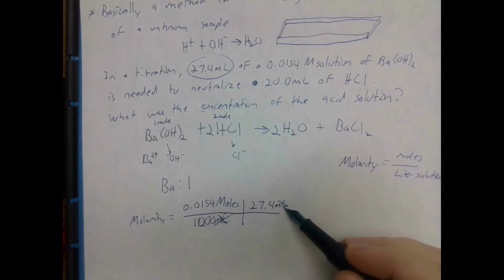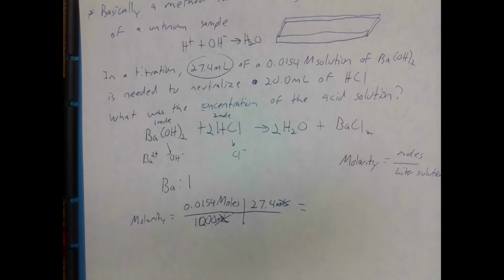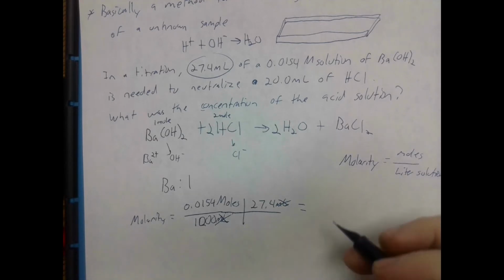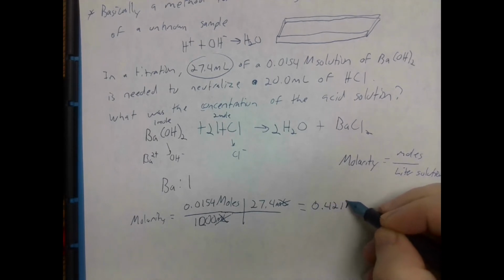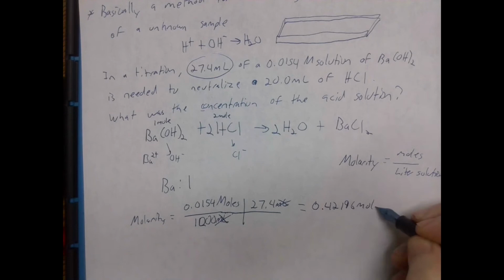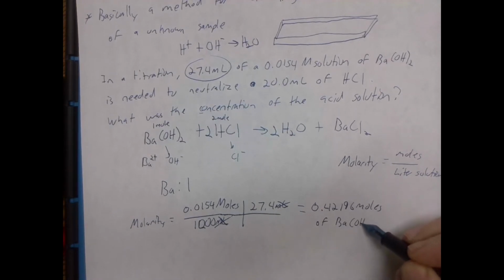That cancels out the milliliters, leaving me with just moles. So in our mixture, we have 0.42196 moles of barium hydroxide.